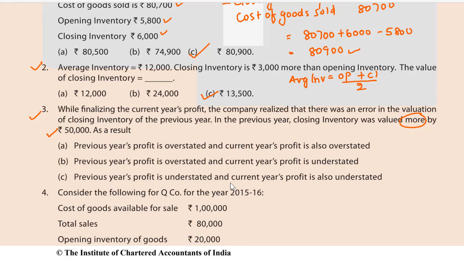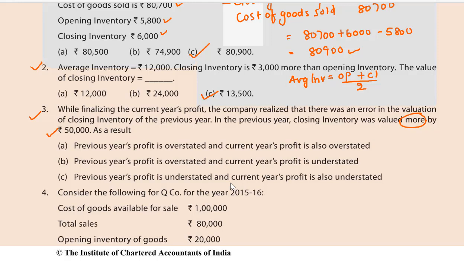Let's see the question once more. In the previous year, closing inventory is more by 50,000.